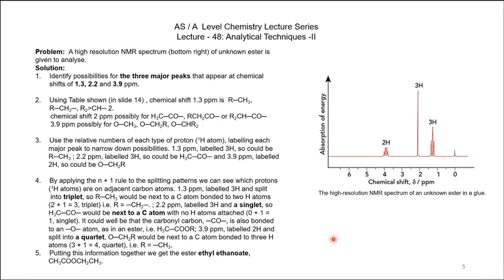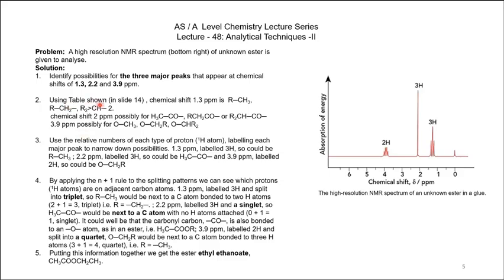What we look for is where the peaks are. We get 3 major peaks, here is one, another one, another one, with splitting. This is a high resolution NMR spectrum of an ester, so we will get splitting also. That is what we talked about, the n plus 1 rule, and we get it here also.